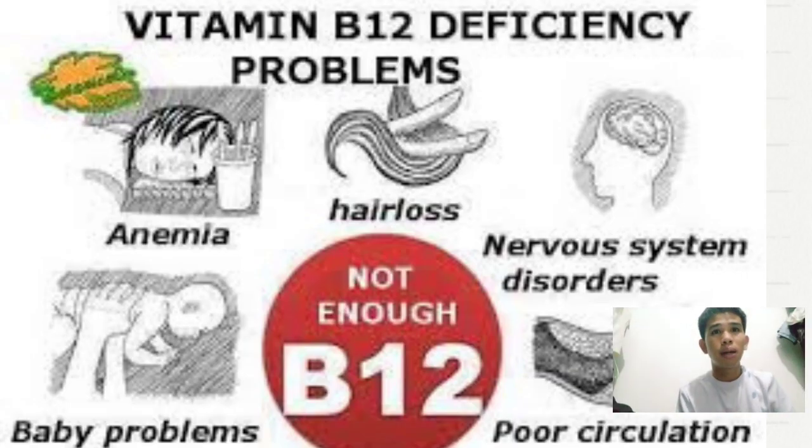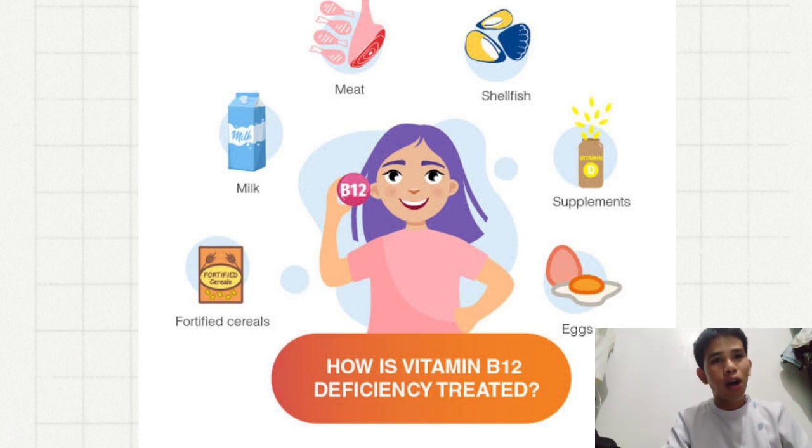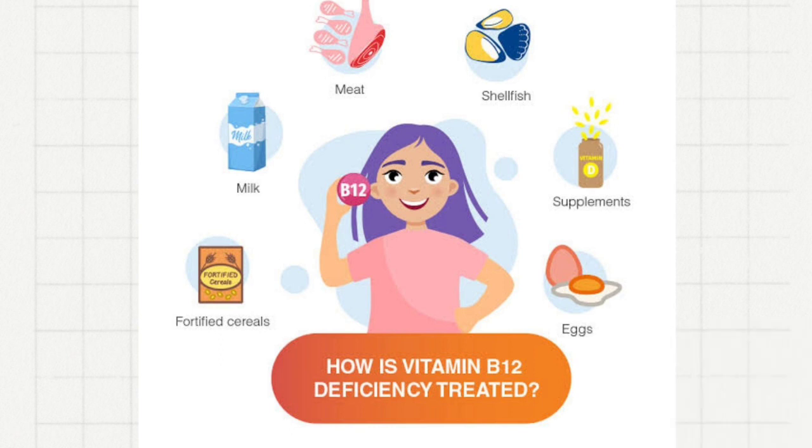So these are the vitamin B12 deficiency problems. First is anemia, hair loss, nervous system disorders, baby problems, and poor circulation. So how is vitamin B12 deficiency treated? So we should eat fortified cereals, milk, meat, shellfish, supplements, and eggs.